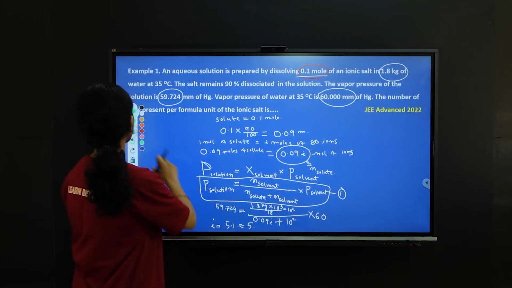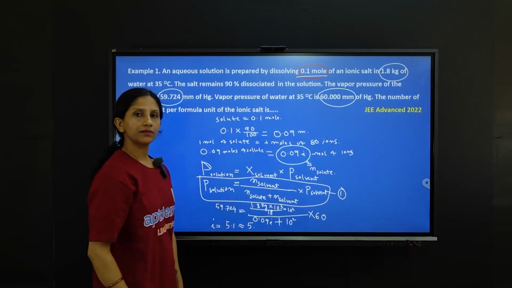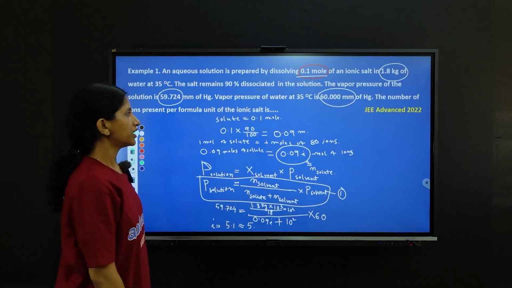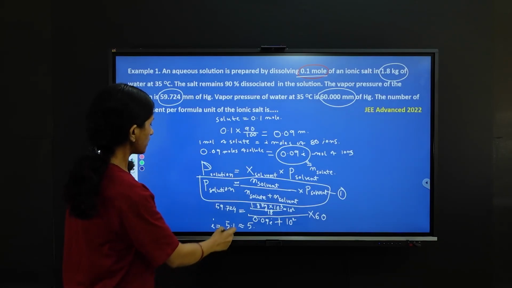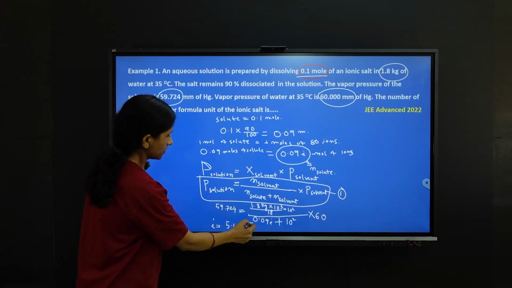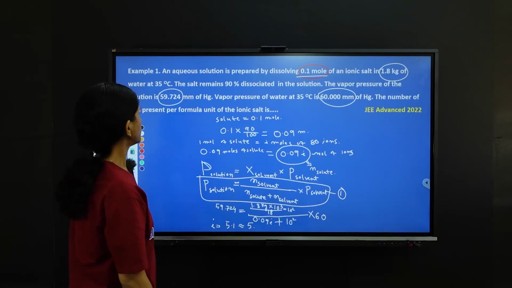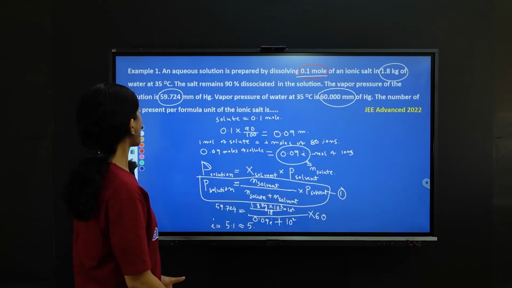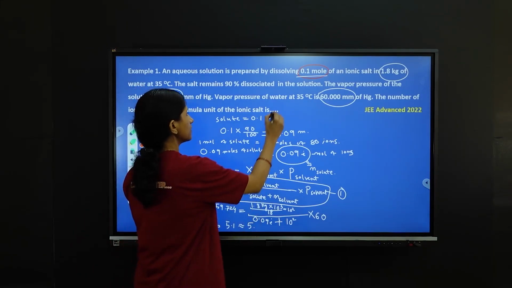The number of ions that we were considering in the beginning, that one mole is giving you i number of ions, has been calculated as 5. So the answer will be 5. That is, the number of ions present per formula unit of the salt is 5.